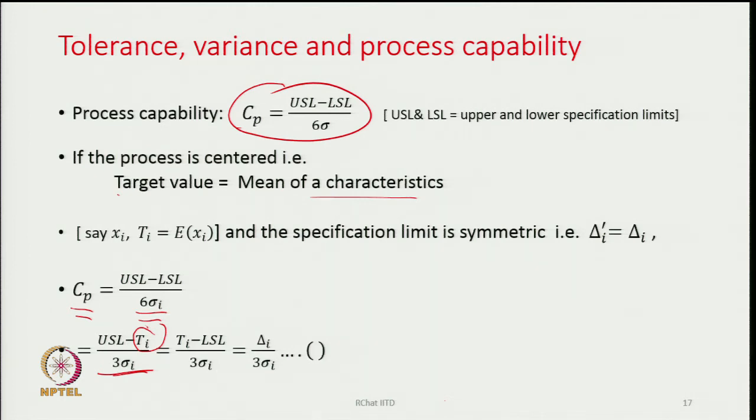So, USL minus Ti by 3 sigma should be equal to the other way, Ti minus the lower specification limit by 3 sigma, and the difference between these two is what the tolerance is all about, delta I. So, it becomes delta I by 3 sigma I for the ith lower level parameter. So, Cp is delta I by 3 sigma I.